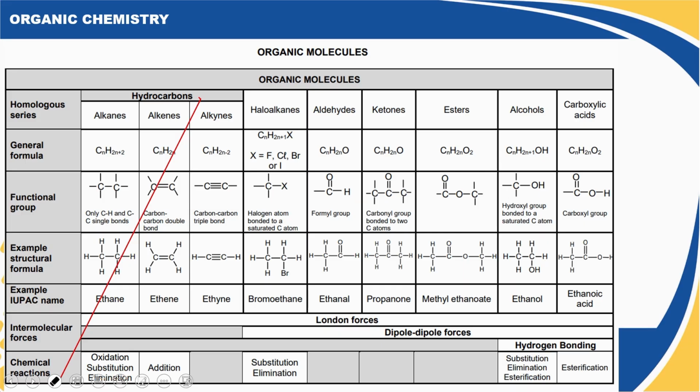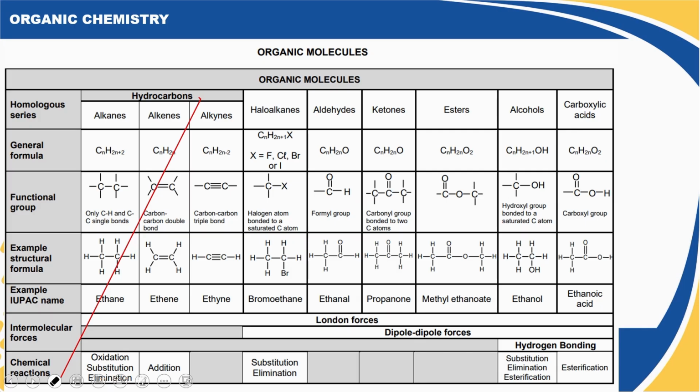And in order to differentiate all homologous series, a learner should know the functional group of each and every homologous series. Now, we are talking of your alkanes, alkenes, alkynes, haloalkanes, aldehydes, ketones, esters, alcohols, and carboxylic acids.